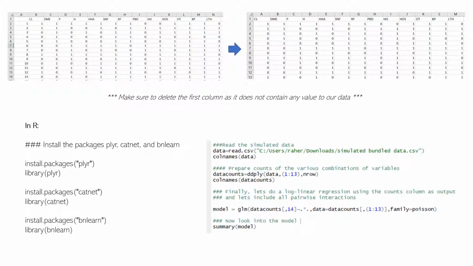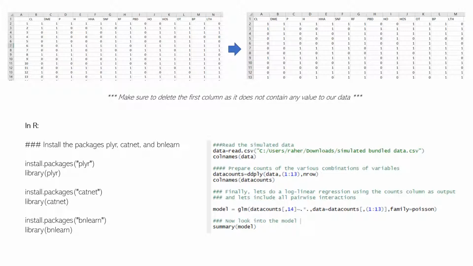First, we can prepare our counts of the various combinations of variables by using the equation listed. Data counts equals ddply data 1 to 13 and nrow. And the counts will be seen as V1 later on as we look through the results of the equation.